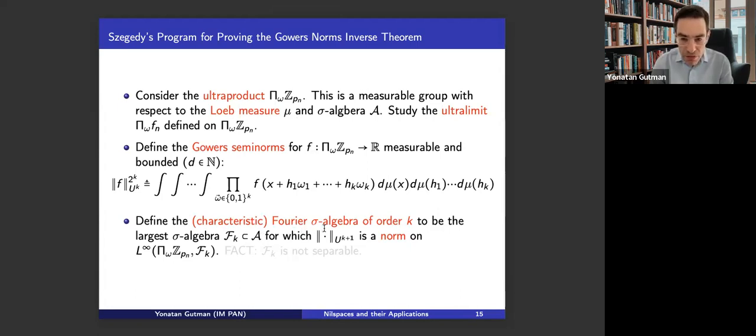He defined the characteristic Fourier sigma algebra of order k to be the largest sigma algebra F_k for which, as you can see, a big difference between this context and the context where Gowers worked, where the group was a finite abelian group, is that the Gowers expressions are not norms, they are only seminorms, and therefore we can define a Fourier sigma algebra of order k, or we can define a Fourier sigma algebra for a function for which this is a norm. Now, this is quite complicated. One complication is that F_k is not separable.